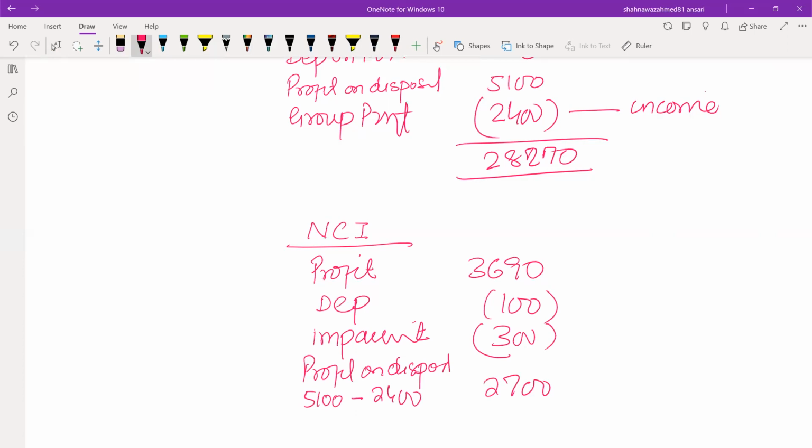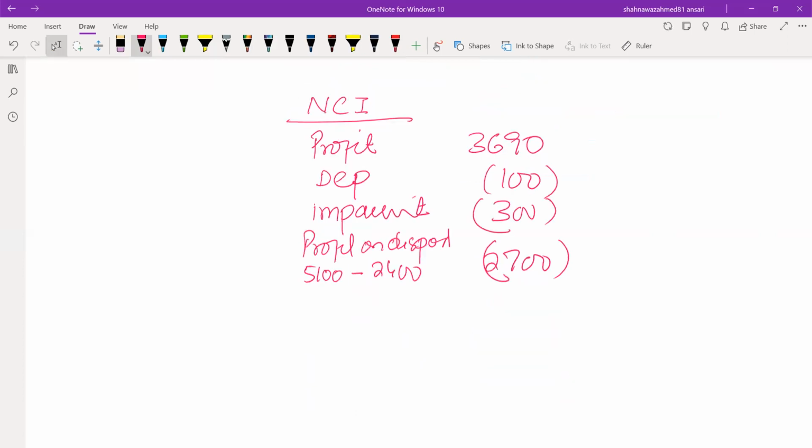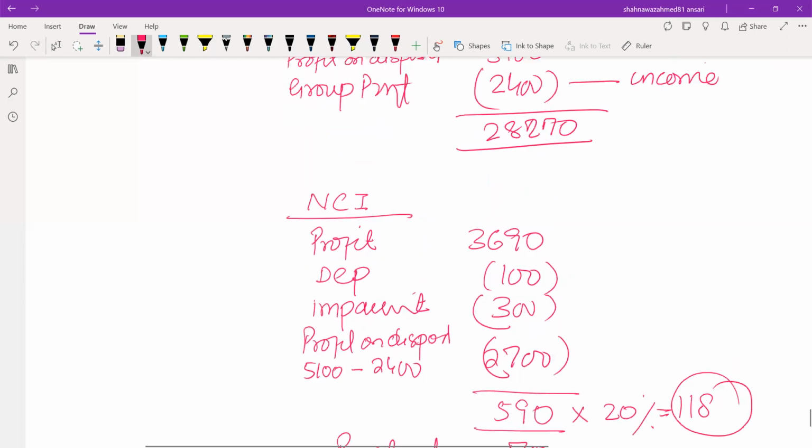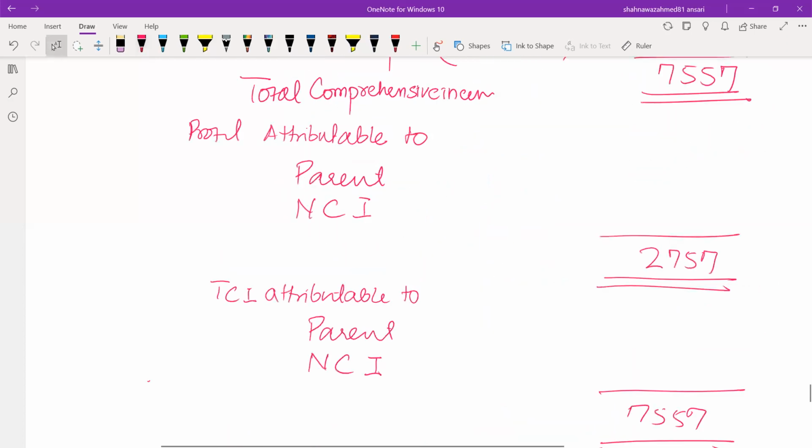So it's 2,700 of excess profit, and this is 590. Take 20% of this, 118. Add revaluation of subsidiary. Total after revaluation, take 20% for NCI. It's 258. So this is NCI in profit 118 and 258. So parent's share is 2,693 and here parent's share is 7,299.